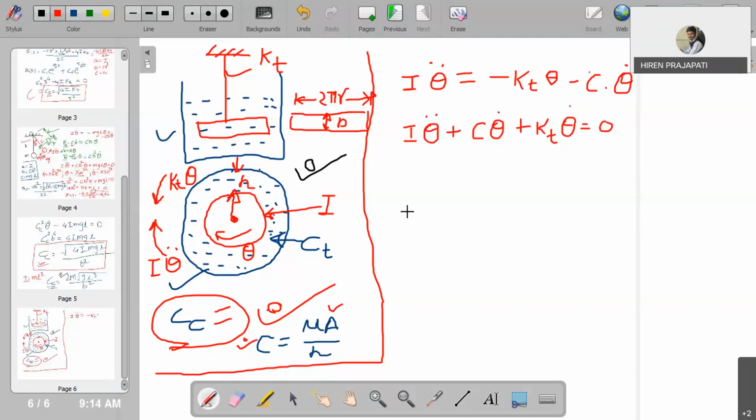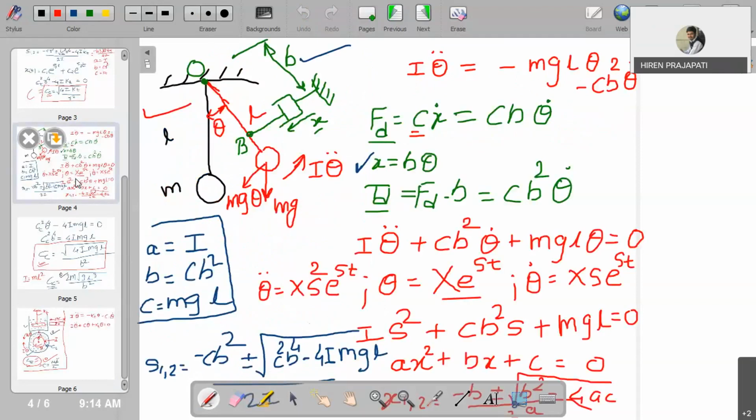Okay. So now will you please tell me what would be our next step? Because this is what we have done in the last lecture and in so many lectures. We got this equation, right? Now what is our next step? We imagine the displacement as a simple harmonic displacement, right? So the same we'll do here.